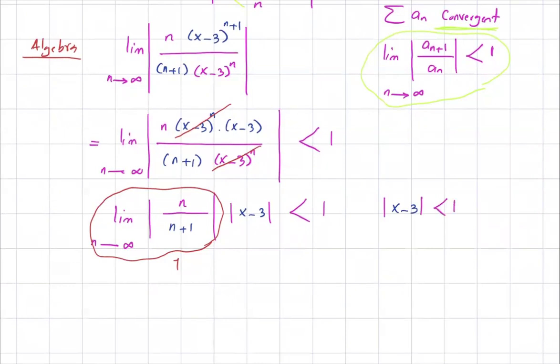What's the meaning of that? Let us go back to algebra. By using algebra, you end up with x minus 3 between negative 1 and 1. So if you add 3 to all sides, you get x bounded between two values, 2 and 4.